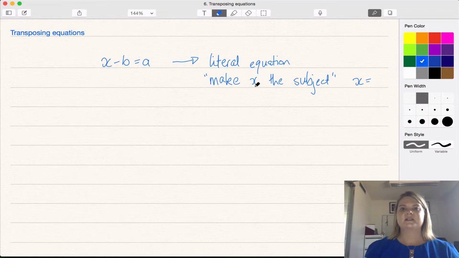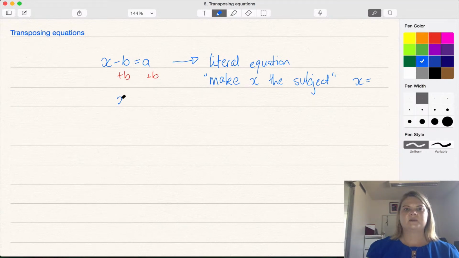If we're trying to make X the subject, we're going to have to rearrange the equation so that it's in X equals form and X is by itself on one side. So we just use our same inverse operations to do that. We want X to be by itself, so we need to get rid of this negative B. Opposite of minus B is plus B. Make sure you do it to both sides.